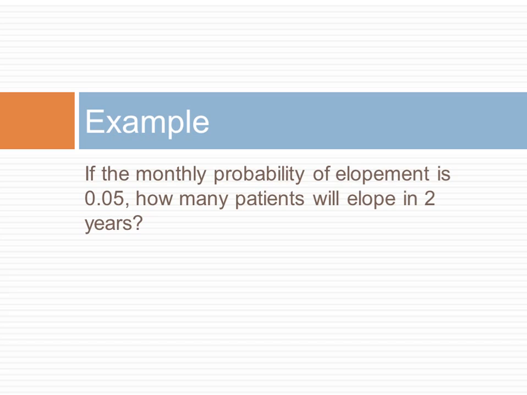Now we can answer also this exercise more fully. If the daily probability of elopement is 0.05, the expected number of elopement over 2 years is probability of elopement times the number of trials, in this case 24 months.